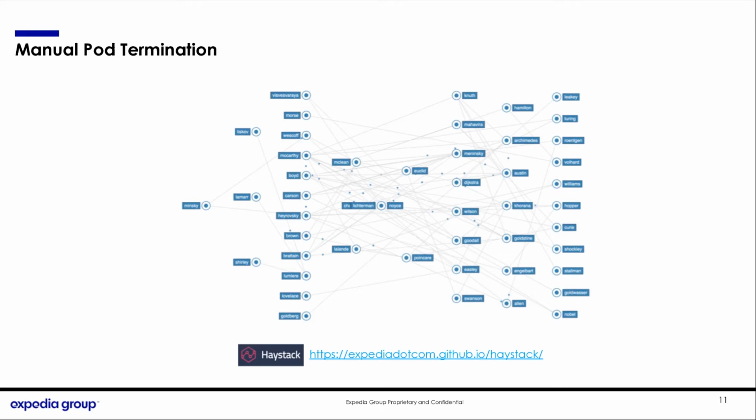We're using Haystack, which is a distributed tracing system, and it works with Zipkin to create this visualization. Each of the names that you see here corresponds to a service, and the color represents the health of that service. Blue means it's healthy, and red, there's no red at the moment. Red means that the error rate is very high.